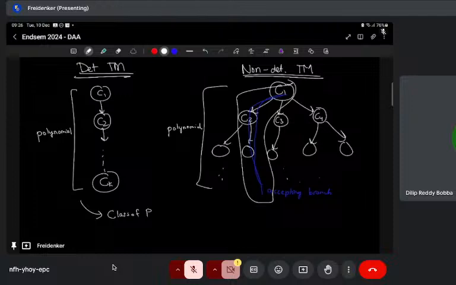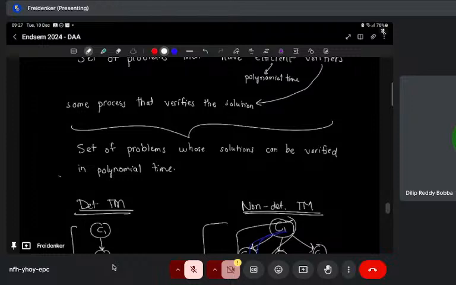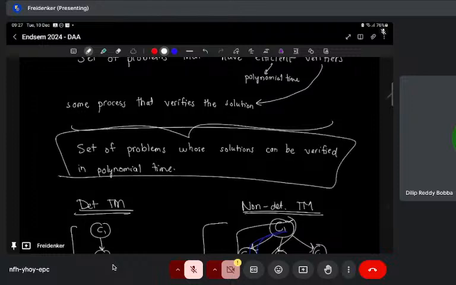So essentially, the class of NP, which is the set of problems solvable in polynomial time using a non-deterministic Turing machine, is also the set of problems that have efficient verifiers, in the sense the solutions can be verified in polynomial time. So that is why you can also use this to describe what the class NP is. Okay, fine.